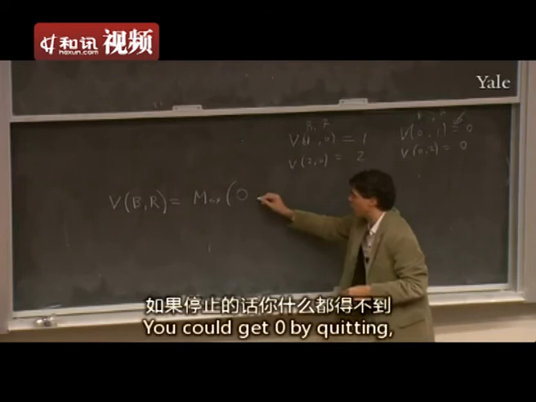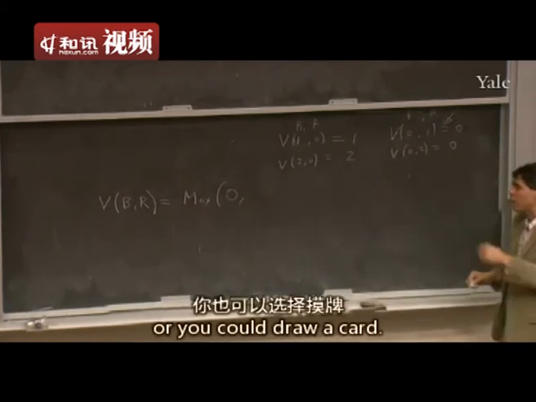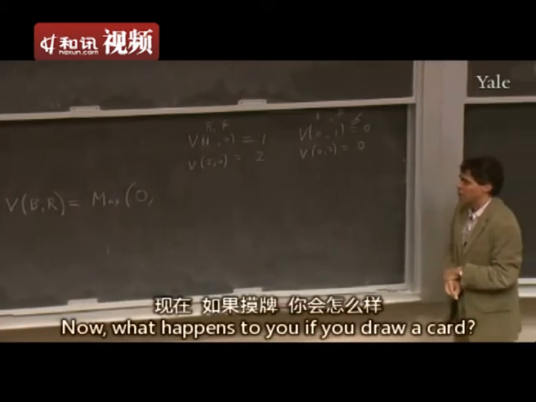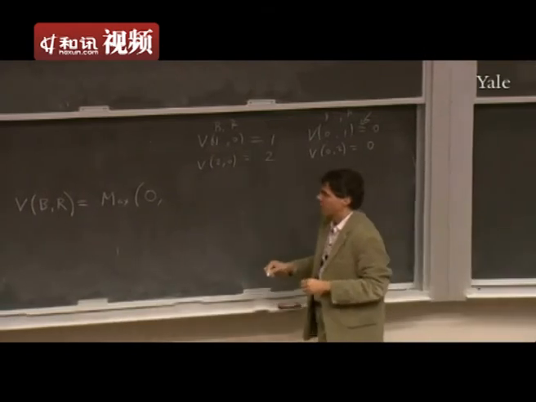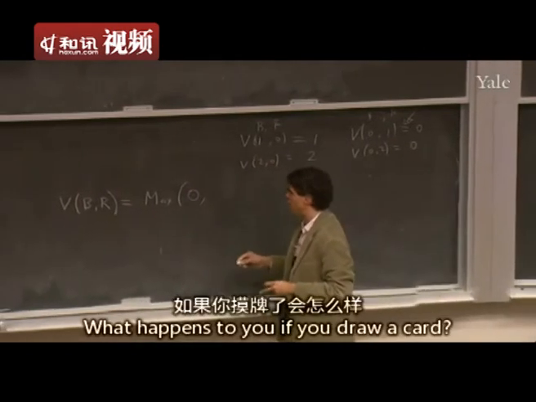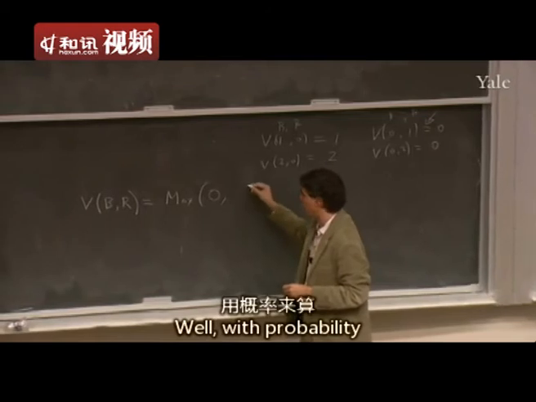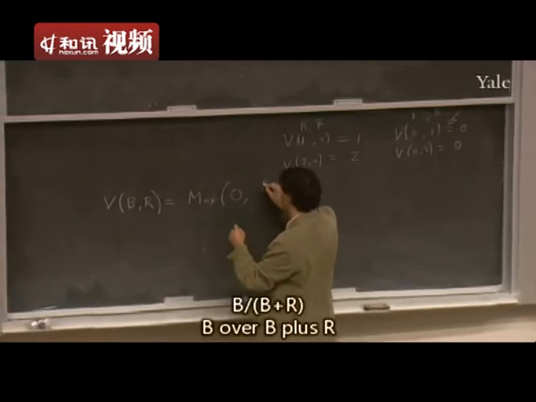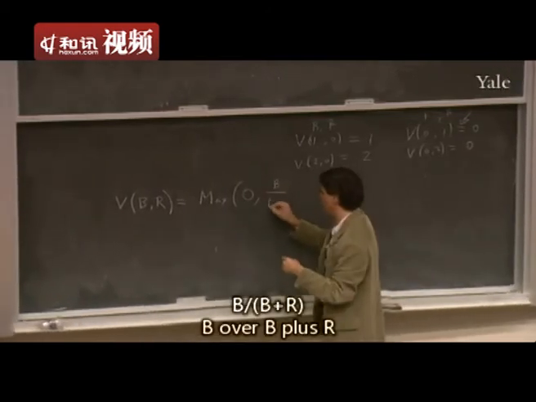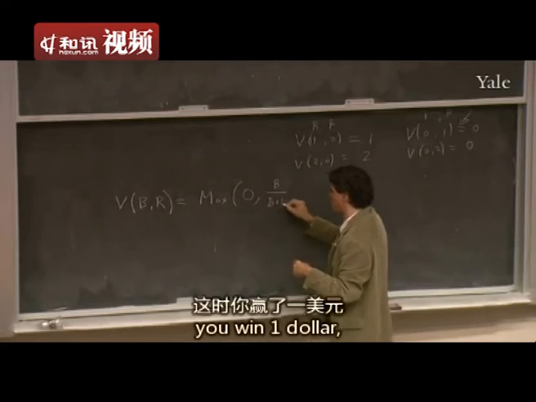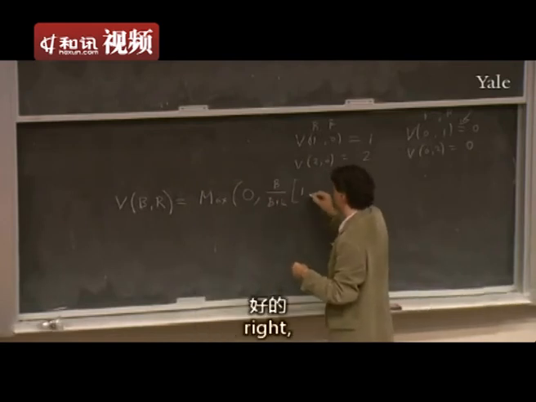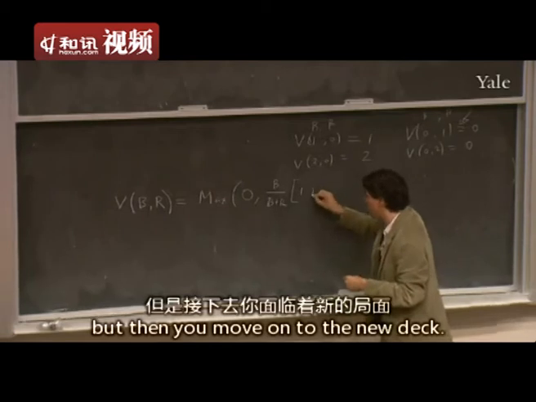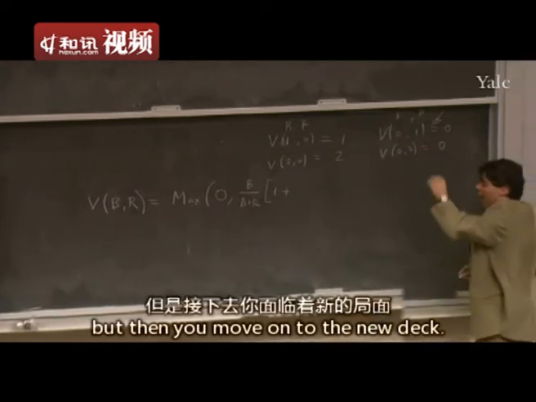You could get 0 by quitting, or you could draw a card. Now, what happens to you if you draw a card? Well, with probability B over B plus R, you win $1, but then you move on to the new deck.